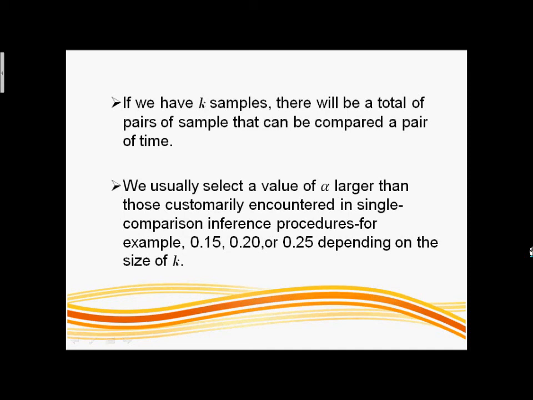We usually select a value of alpha larger than those customarily encountered in single comparison inference procedures. For example, we take alpha equal to 0.15, 0.2, or 0.25 depending on the size of our K.